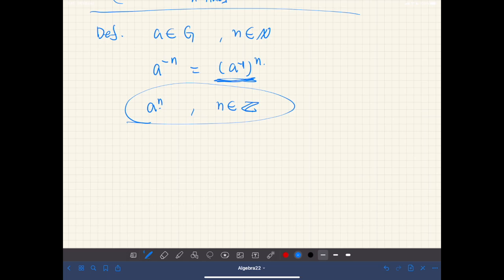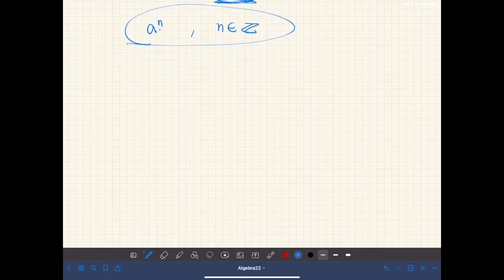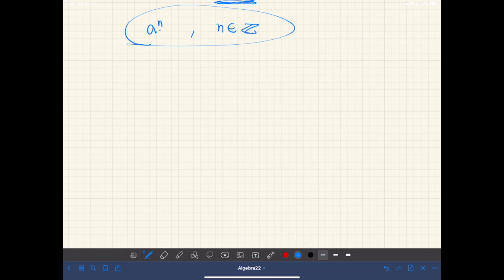Okay, let's see a few simple examples. Let's say a to the power of 3 times a to the power of negative 2. So this means a to the power of 3 times a inverse to the power of 2, right, by definition. But that means we multiply a 3 times, and we multiply a inverse 2 times.